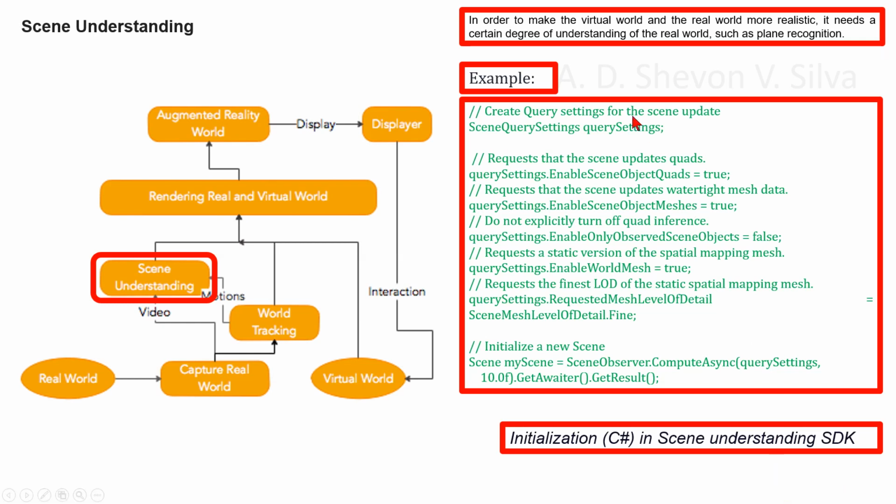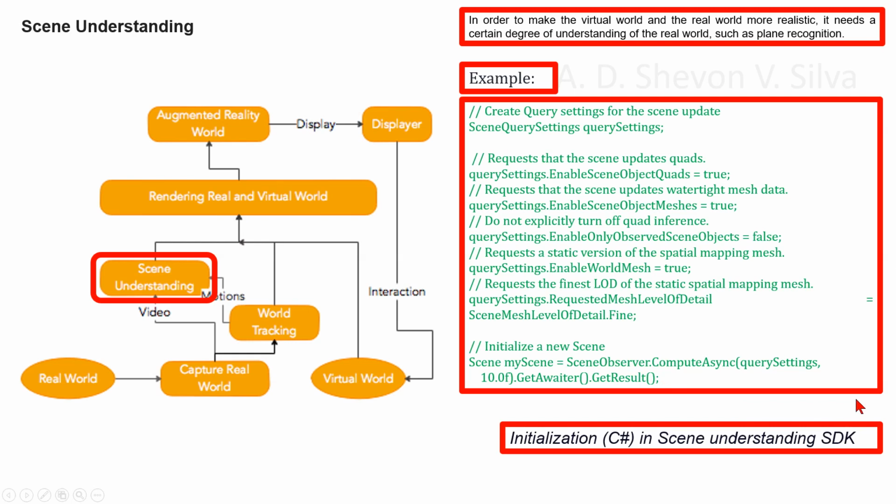As an example, we can consider initialization in C# in the scene understanding SDK. In initialization, the first step to working with scene understanding is for your application to gain a reference to scene objects. This can be done in one of two ways.